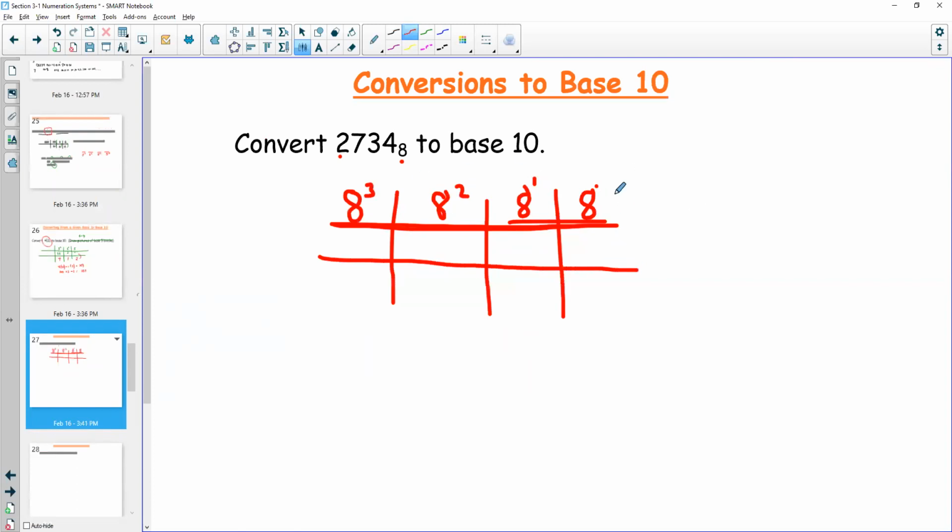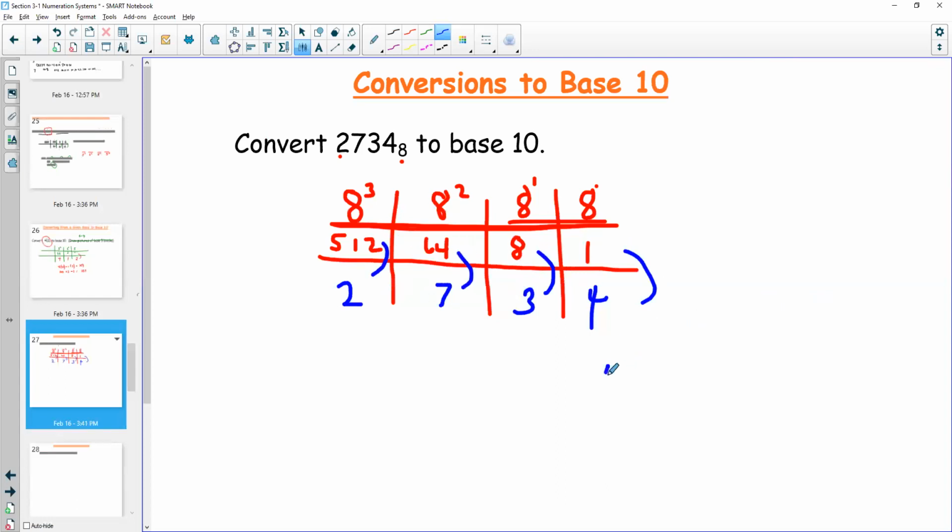Okay, make your chart. 8 to the 0 is 1. 8 to the first is 8. 8 squared is 64. 8 to the third is 512. Okay, now put your numbers into place. 4, 3, 7, 2. Okay, and combine.